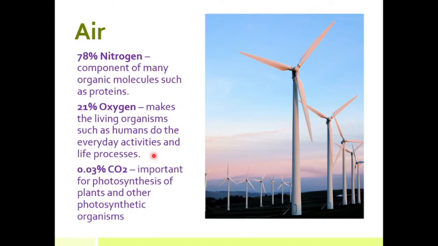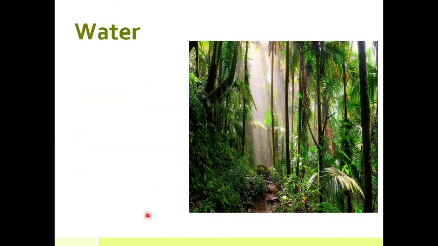And 0.03% of the total atmospheric gas is carbon dioxide, which is very important for photosynthesis of plants and other photosynthetic organisms. If you will recall, when we discussed photosynthesis, aside from water as a raw material, plants also need carbon dioxide to produce their own food. Next, water.